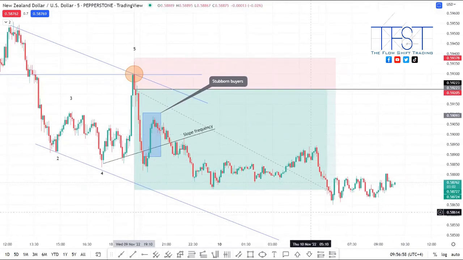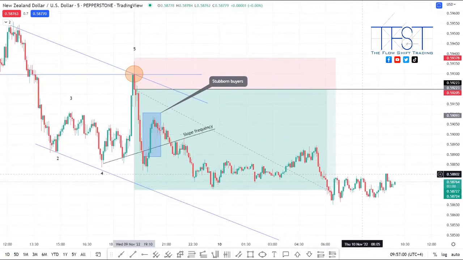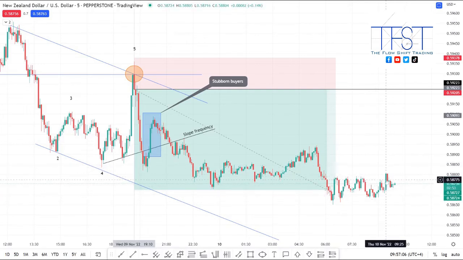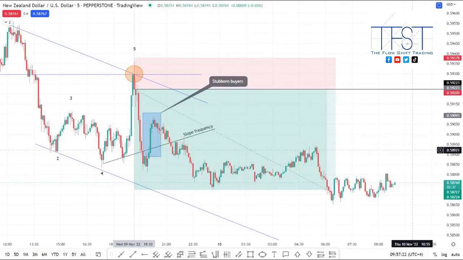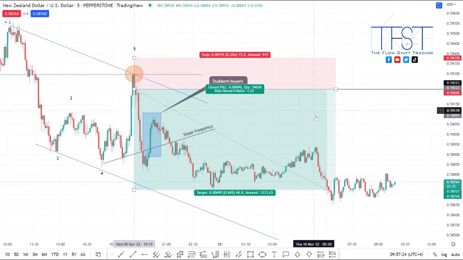Most probably kung wala pa rin tayong buyers na makikita dito kasi they are still being held by the sellers, pero ito, medyo agaw attention tong bullish candle na to. So we'll see until ma-break itong last major high na nag-break ng couple of lows. So we'll see kung makakakuha tayo dito ulit ng entry or kung mabe-break to.